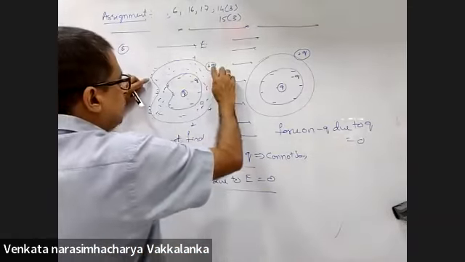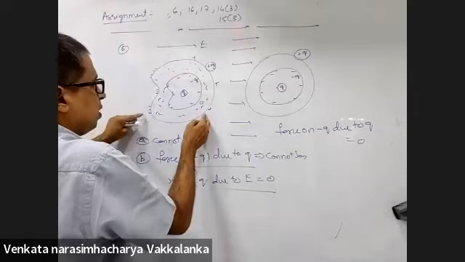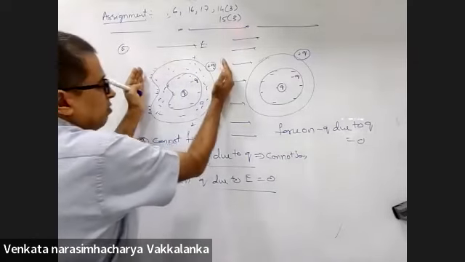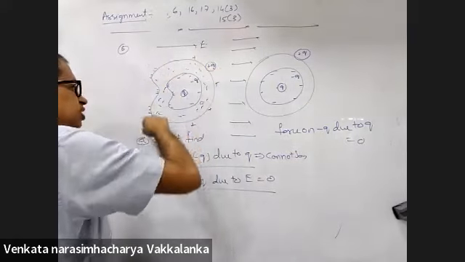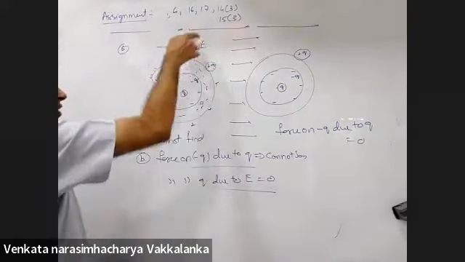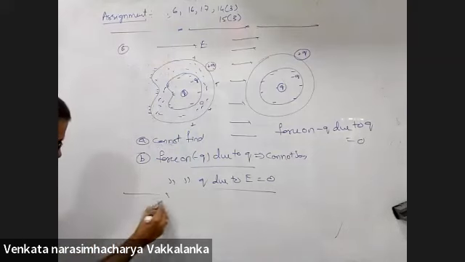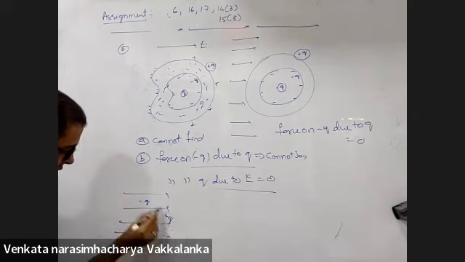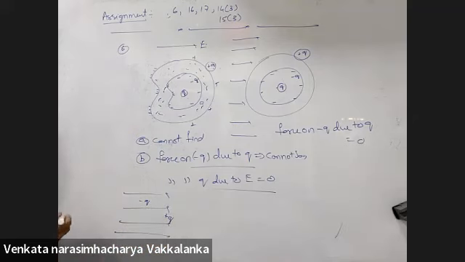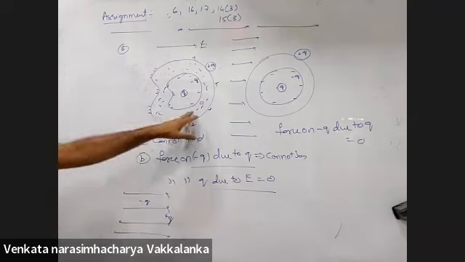See, why this plus Q? There will be some like this, some like this. Some negative charge might have come, positive charge might have come. But all put together, net charge on the outer surface will be only Q and the field is uniform. When field is uniform, you keep minus Q here, plus Q here, and the net total charge, as originally the sphere was neutral.